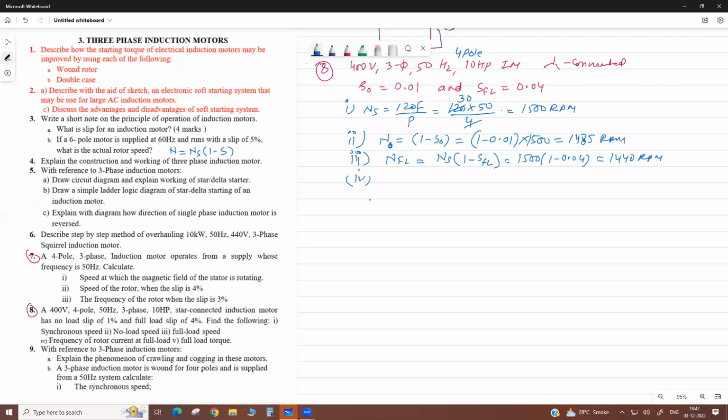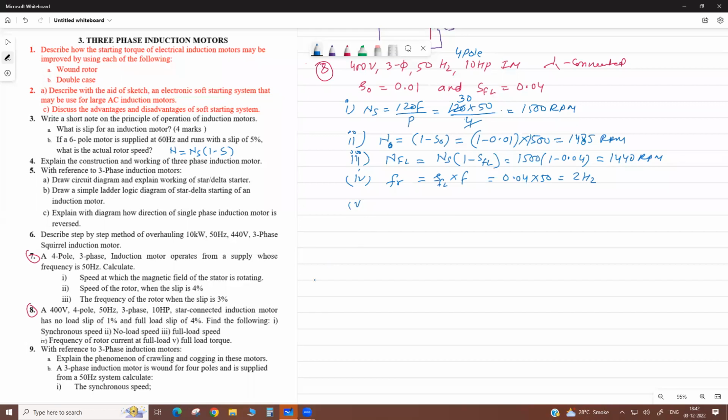Fourth, he asked rotor frequency at full load. When we calculate the frequency of the rotor induced EMF, it is slip times the supply frequency. He is asking rotor frequency at full load, so here we use the full load slip, 0.04 into 50. So we get only 2 hertz.